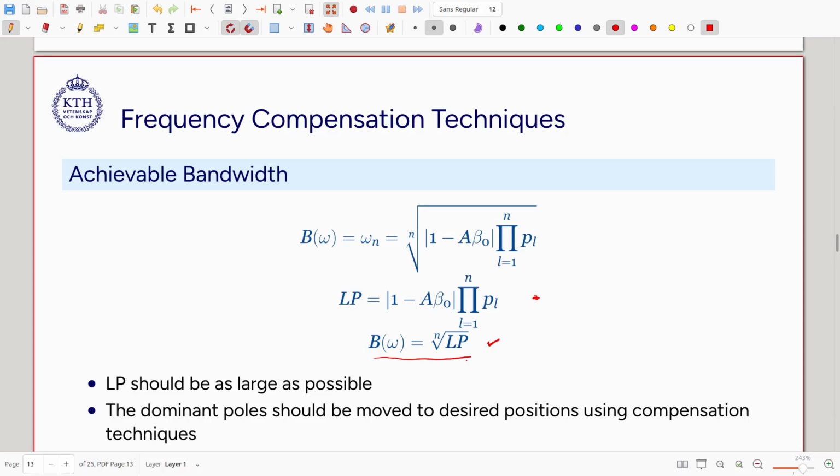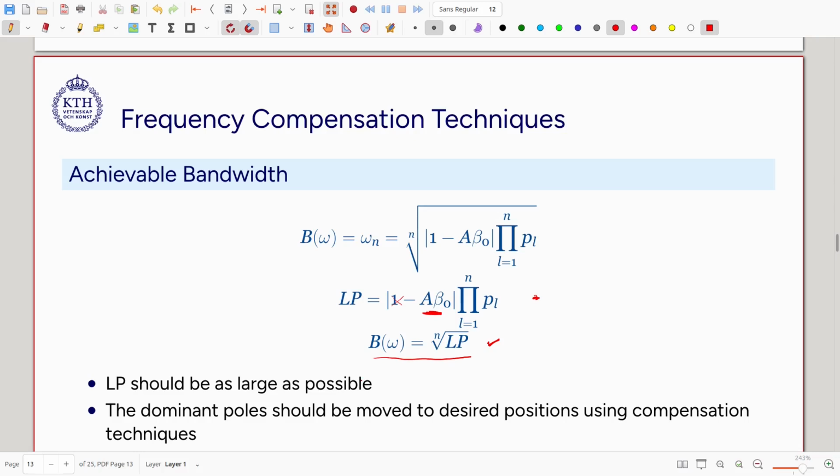Now let's study this expression for a second. We can see that the available bandwidth is related to the loop gain. Normally the loop gain is larger than 1, so we can just omit this 1 here, and then we see that the loop gain should be as large as possible.